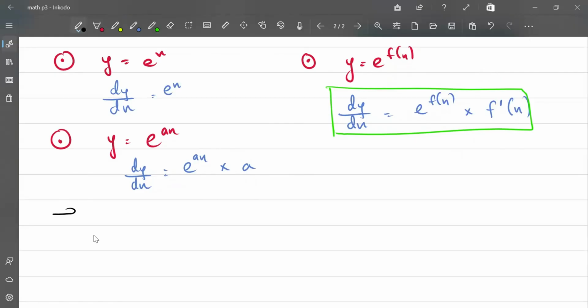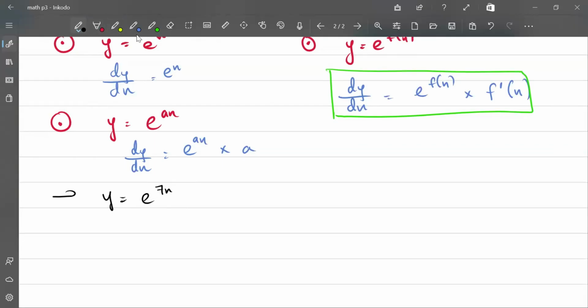Now let's do a couple of example questions. y is equal to e^(7x). So dy/dx would be e^(7x) into f'(x), so dy/dx is 7e^(7x).